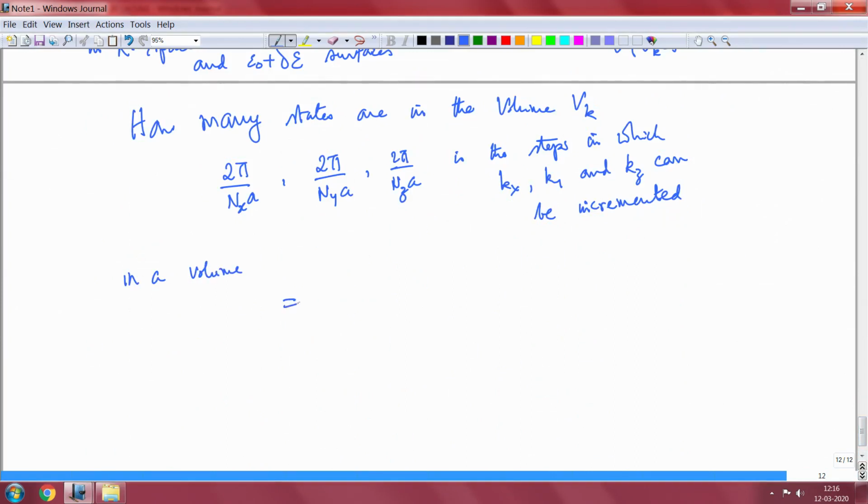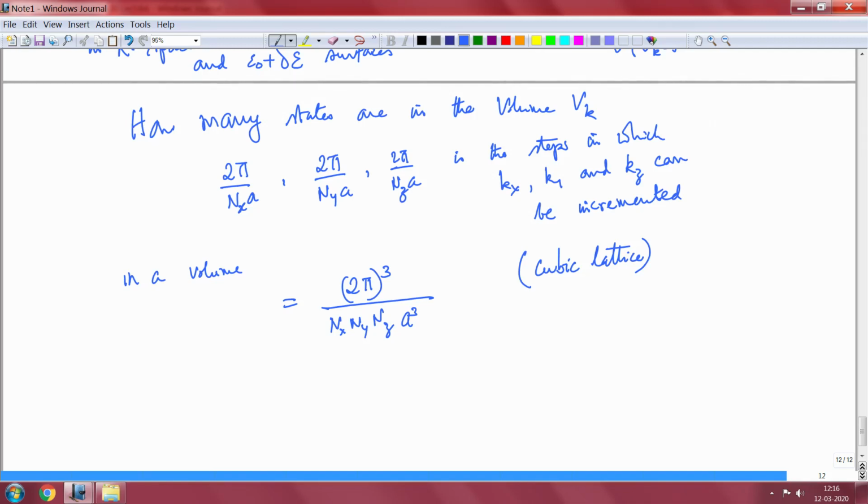So, which means that in a volume equal to 2 pi cubed divided by nx ny nz times a cubed, I am sorry, for simplicity I have used a cubic lattice. If you are dealing with 2 dimensions, it will become 4 pi squared by nx times ny times a squared, or in 1 dimension it will just be 2 pi divided by nx times a.